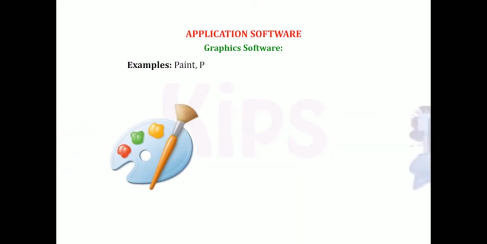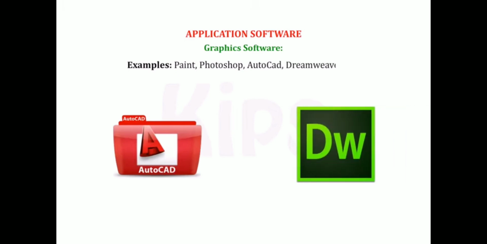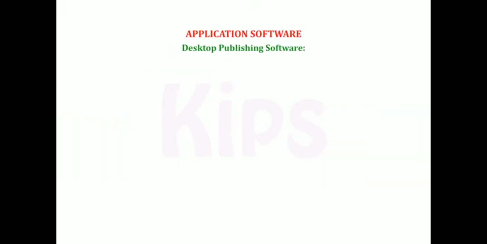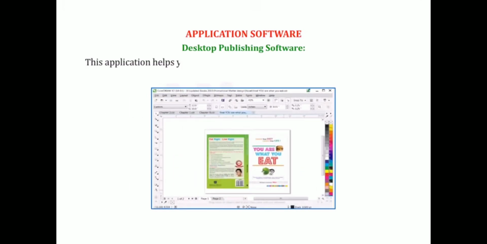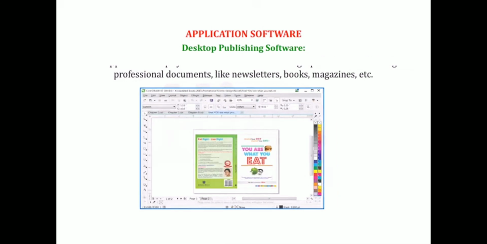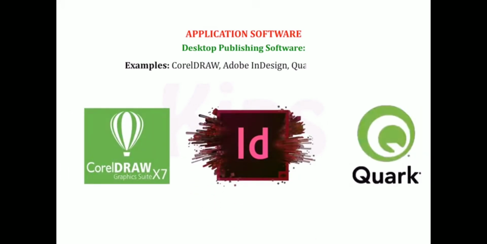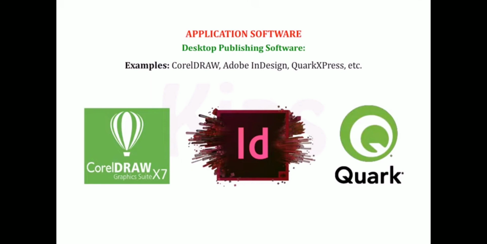Examples: Paint, Photoshop, AutoCAD, Dreamweaver, etc. Desktop publishing software. This application helps you to combine both text and graphic features to design professional documents like newsletters, books, magazines, etc. Examples: CorelDRAW, Adobe InDesign, Quark Express, etc.